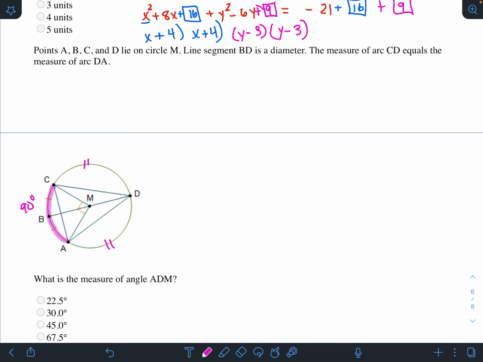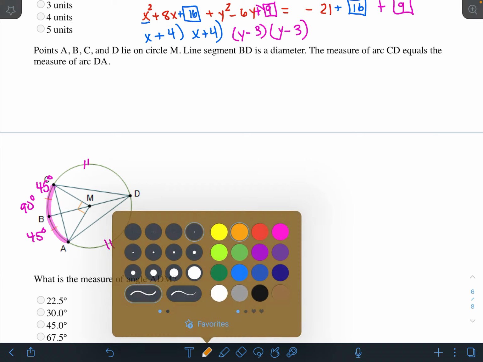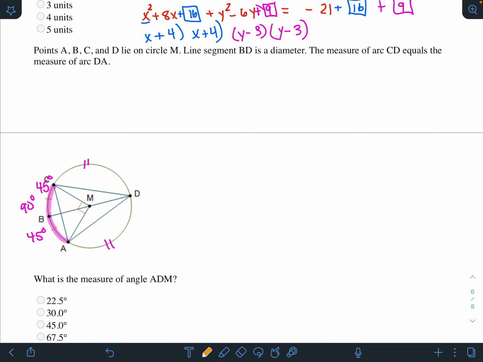And these two are equal, so I divide 90 by 2, and I get each of these is equal to 45 degrees. And if you'll notice, the angle that we are solving for, angle ADM, right here, is an inscribed angle to this arc of 45 degrees.